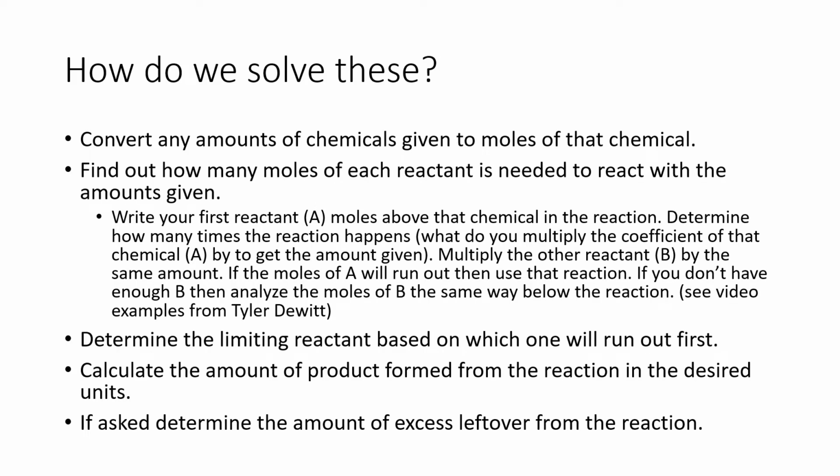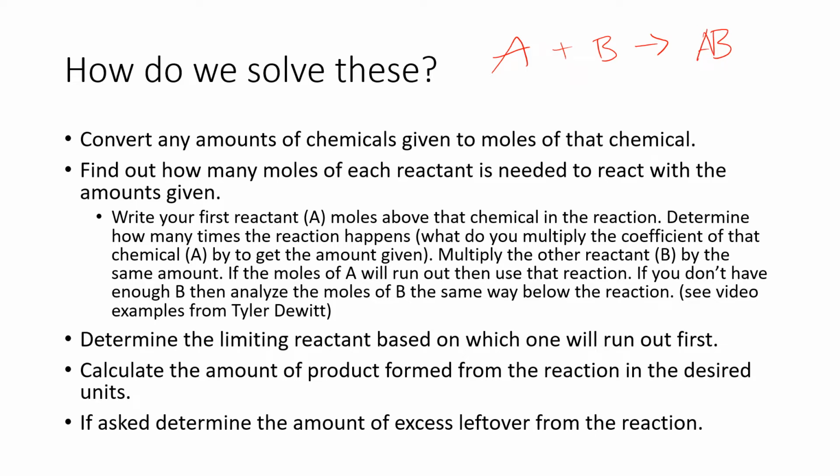So how do we solve these questions? We are going to be given questions that give us the amount of both of our reactants. So say we have a reaction with chemical A and chemical B making chemical AB combination.